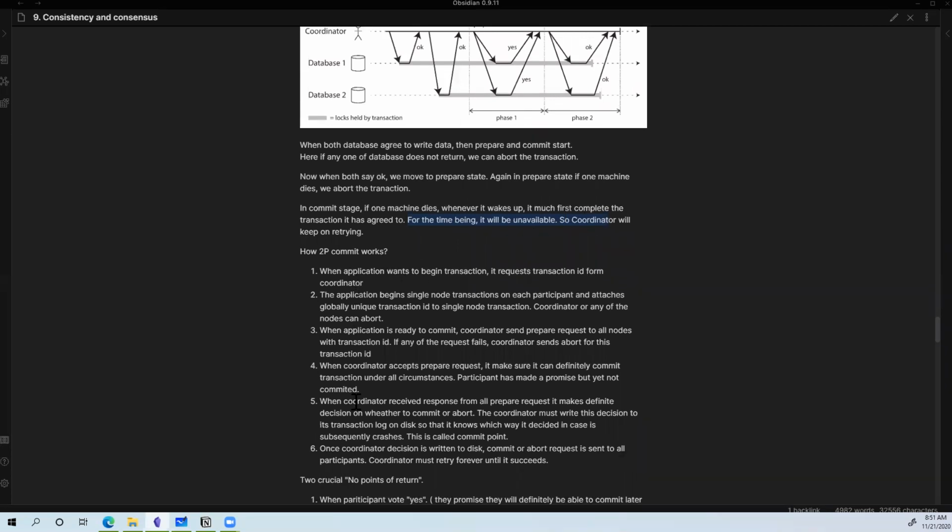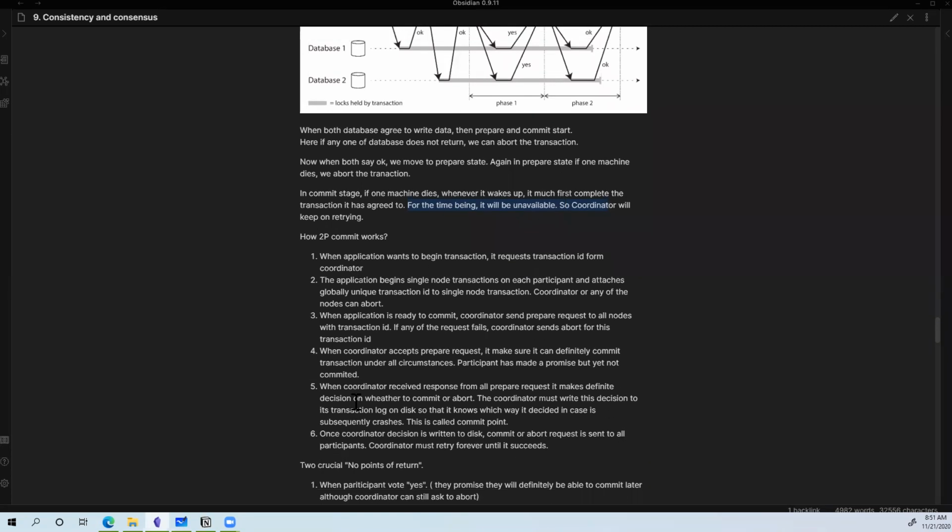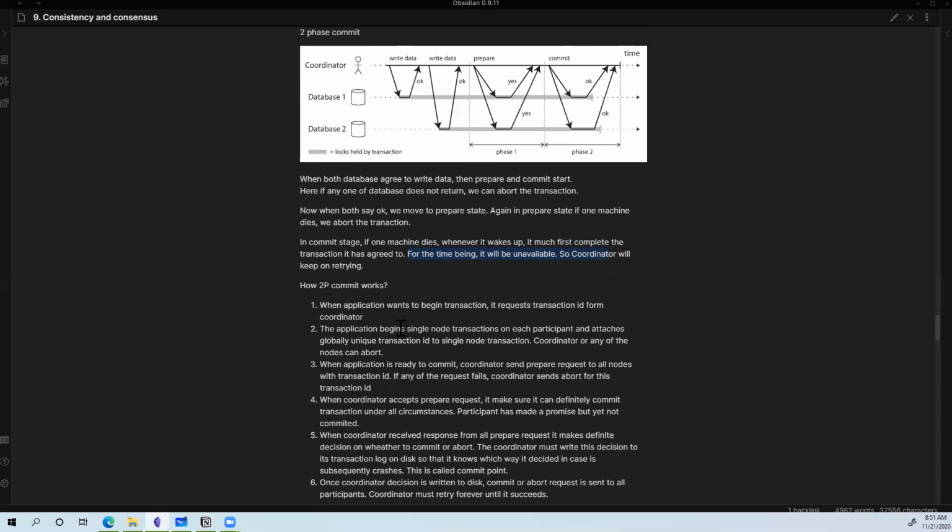So these are the various steps. When the application wants to begin a transaction, it requests a transaction ID from the coordinator. The application begins a single node transaction on each partition and attaches that global transaction ID to each node. And up till this point, anyone can abort, right?